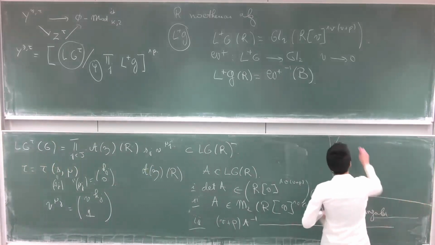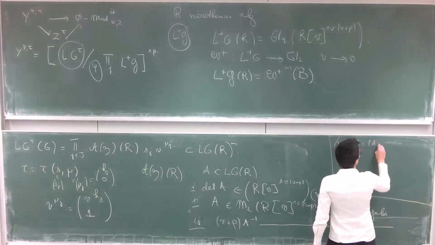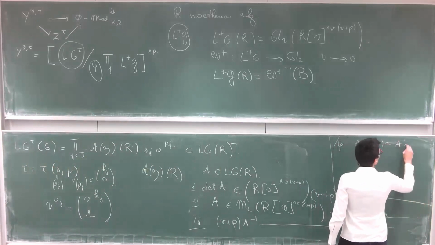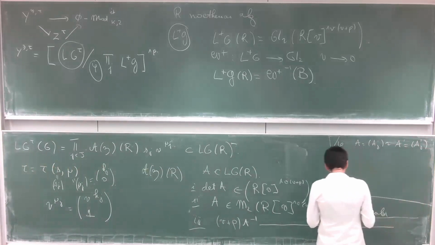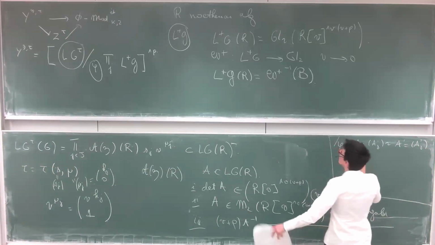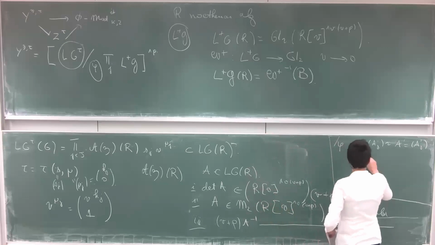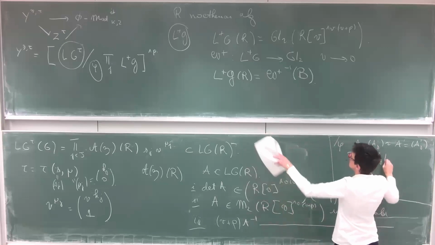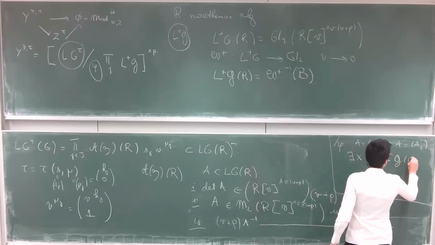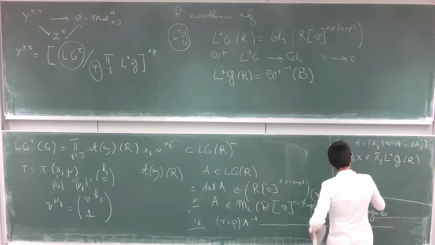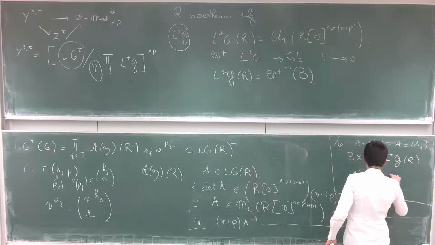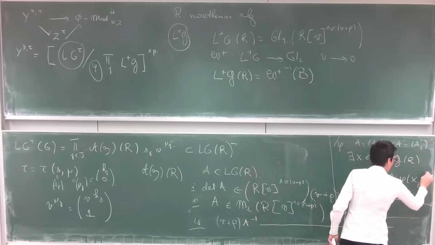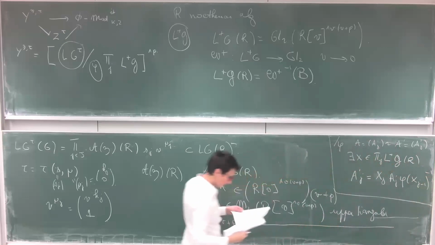It means that two families of matrices are equivalent if there exists a family of matrices inside this one, such that A_g' = X_g A_g phi(X_g)^{-1}. Okay.